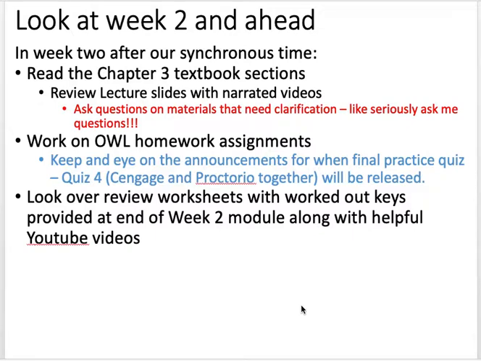If you come late to the synchronous time, you don't get extra time at the end. Just like if you were in a face-to-face class, if you came 10 minutes late to class for an exam, you lost those 10 minutes to take the exam. If you have any issues, please let me know.